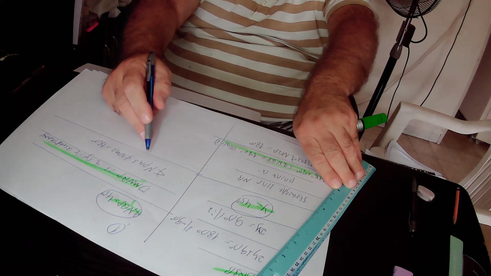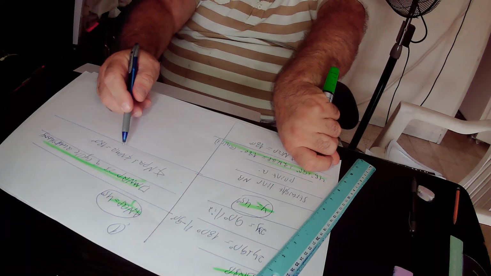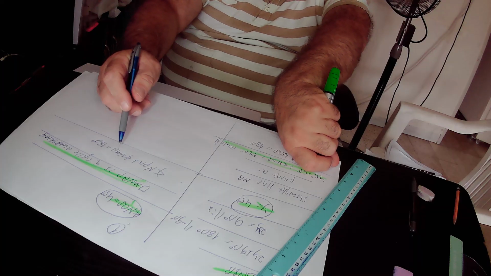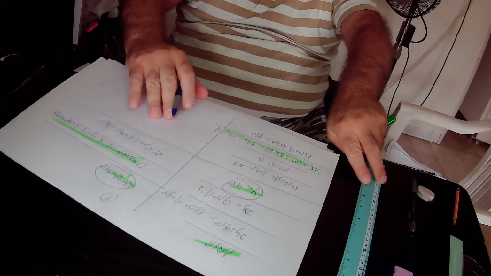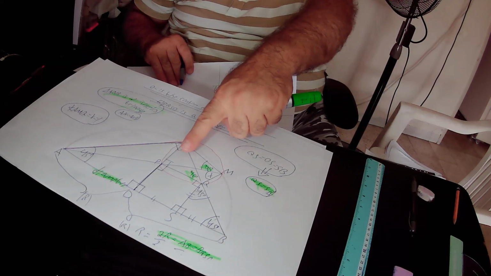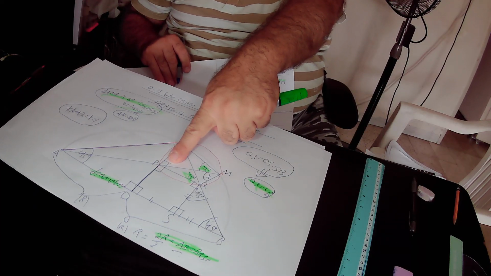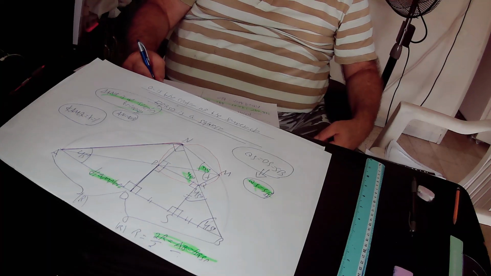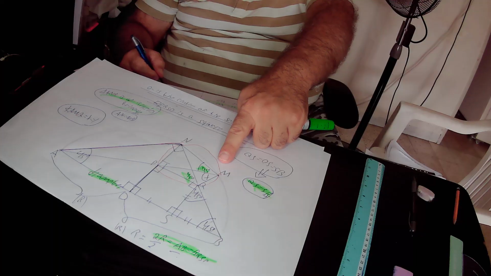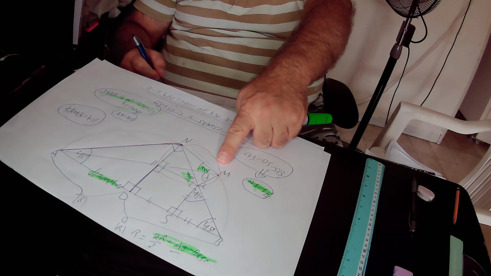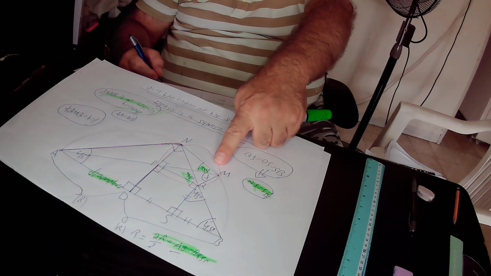Angle NPQ plus the opposite angle NMQ, in quadrilateral NMQP, must be equal to 180 degrees. Because again, angle NPQ is a right angle, plus angle NMQ, which is equal to 45 degrees plus x.